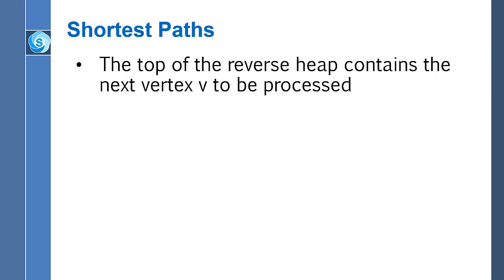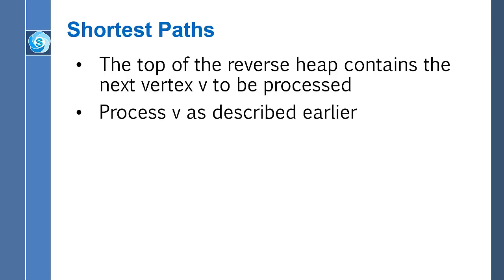So we just look and see which vertex is at the top of the heap, and we process that vertex. When we're done processing, that vertex should be removed from the heap. I think I say so further down, but anyway, that's true. We'll remove the vertex V from the top of the heap after we've finished processing it.